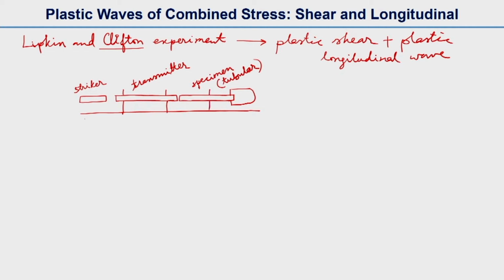So the specimen is also fixed with the fixtures that hold the transmitter bar and specimen bar with the base, and this striker bar will be inside a case, that is the barrel.